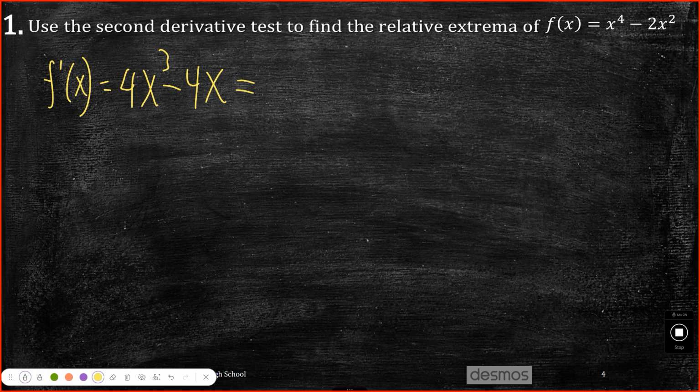Set it equal to 0. We're going to set the first derivative to 0 to find where the slope is equal to 0. 4x cubed minus 4x. Factor out 4x: x squared minus 1.